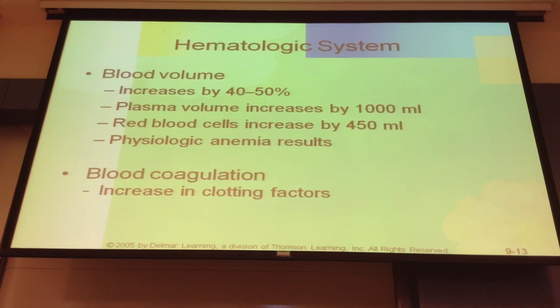If it's less than 10.5, we've got some iron deficiency anemia going on, and she will need to be supplemented with iron. But her hemoglobin could go down to 11 to 14, something like that, and be fine. But less than 10.5, we usually think that's something that needs our attention.